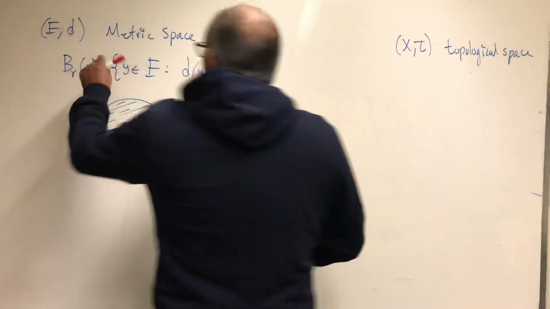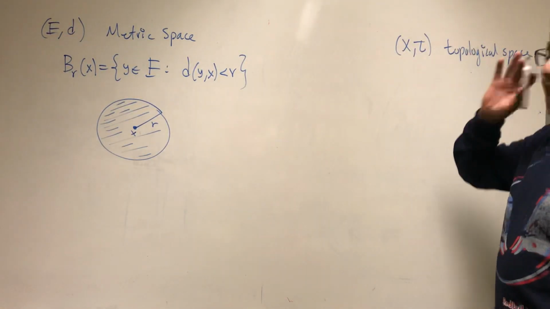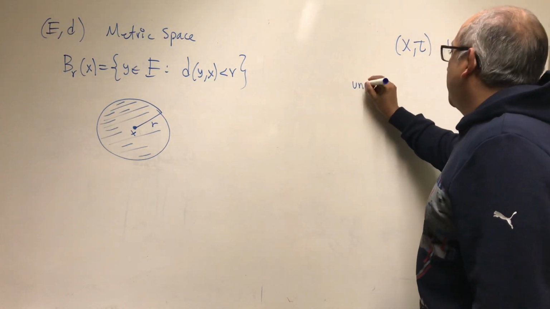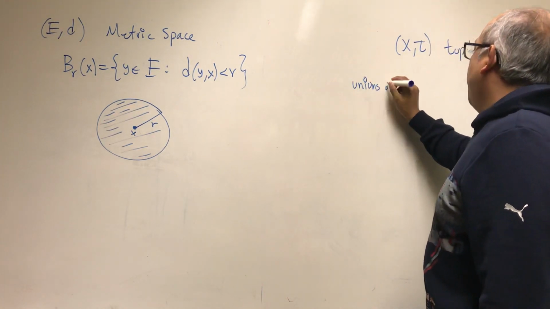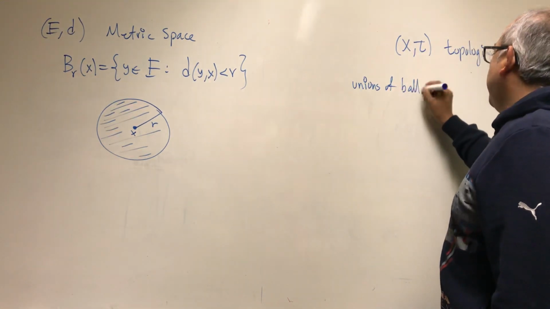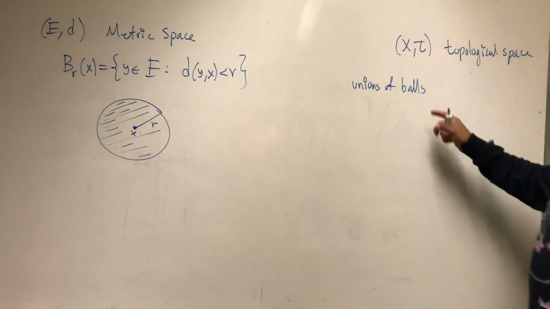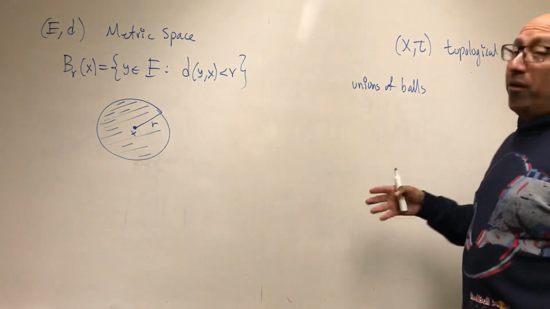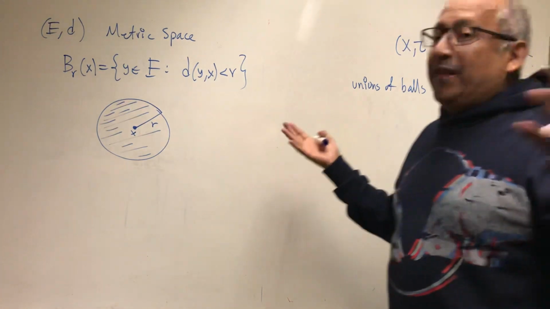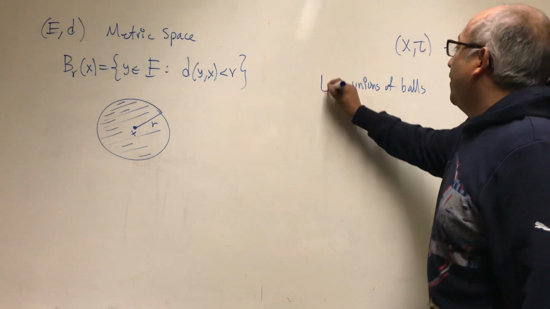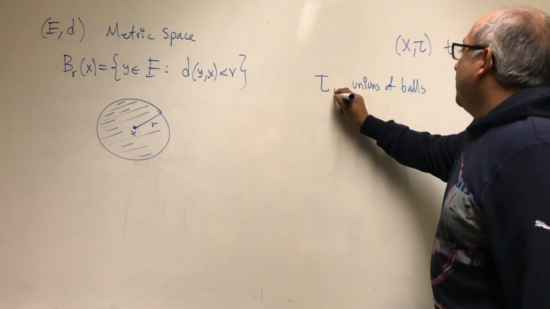So once we have these balls in this metric space, I'm going to define a family which is unions of balls. And which balls? Any possible ball that you can think of. How many balls in the union? 5, 7, infinity, a countable amount, uncountable amount, it doesn't matter. I'm going to call this family tau sub d.